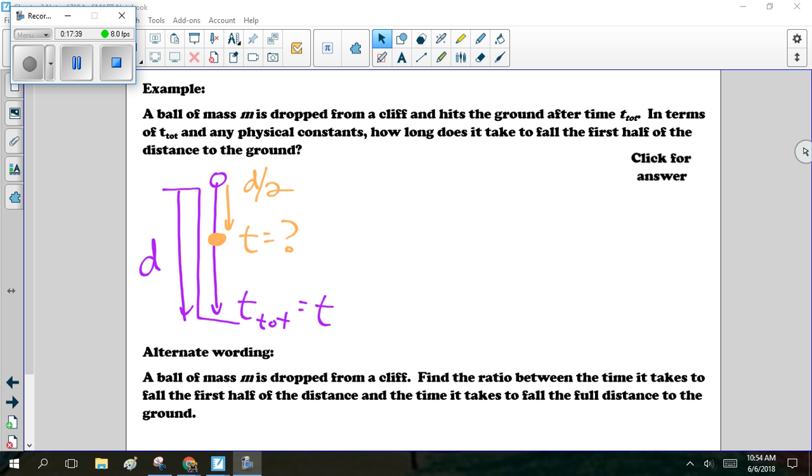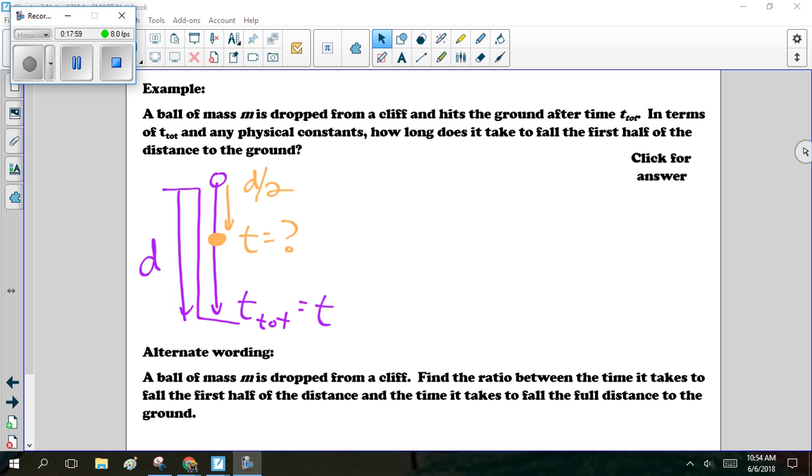Here's the trick. What we want to do is pick an equation that has these variables. So we need to pick an equation that has d, how far it falls, I probably could have called that displacement, and time. And then every other variable in it needs to be something we know.